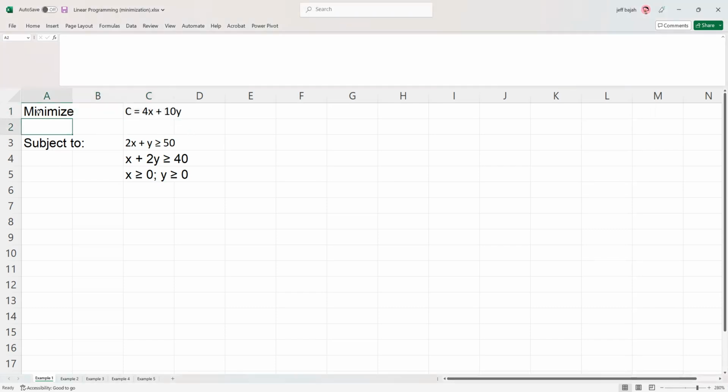Now, I want to explain the concept real quick before we even solve a question. In minimization, you still have an objective function that you're looking at, but you also have your constraints, right? In minimization, you are most likely trying to reduce costs.